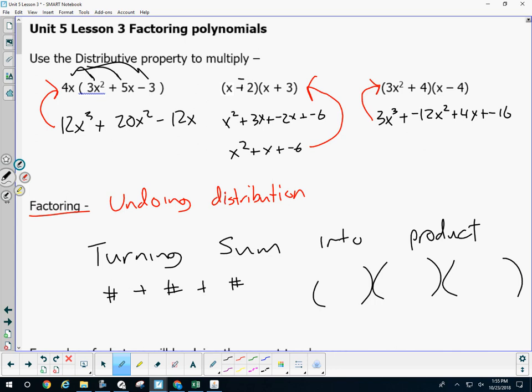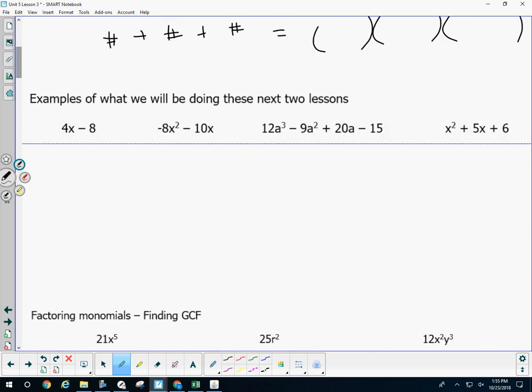We want to turn a sum into a product. There's lots of different types of factoring. Here are examples of what we're doing in this lesson.